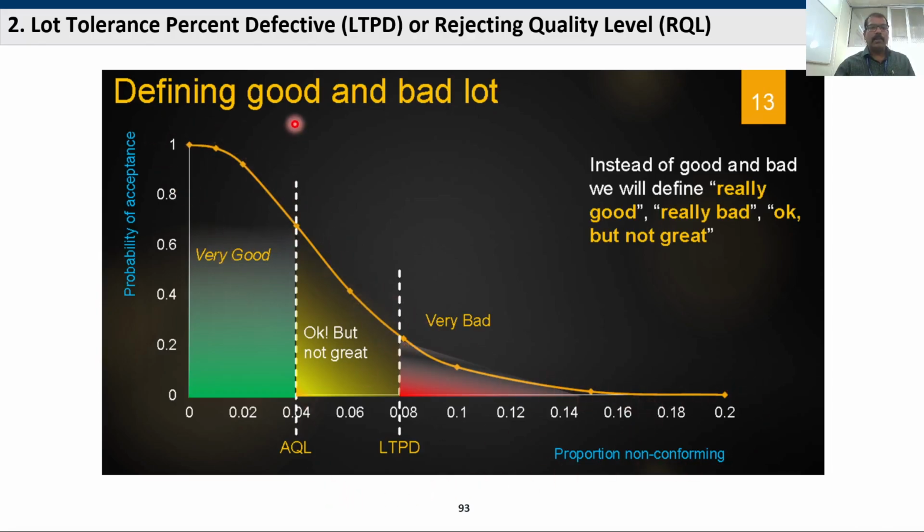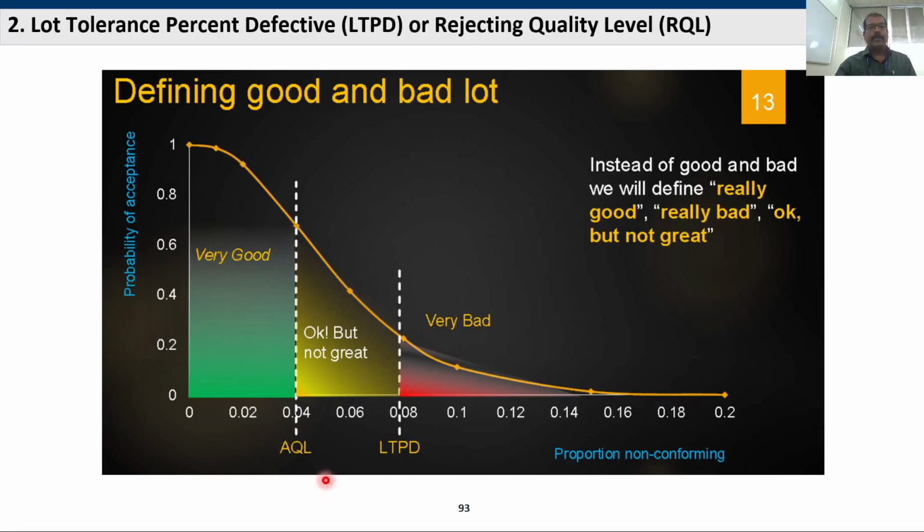Up to here, for example 0.04, is called your acceptance quality level. Below this is the good quality region, so everything there is accepted, and you can say the lot is very good and we can send it to the next level.